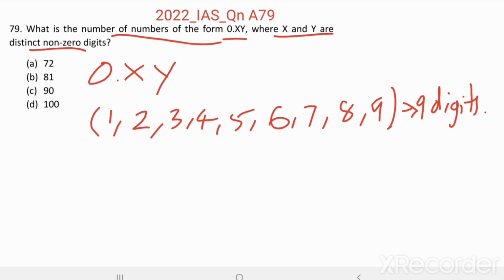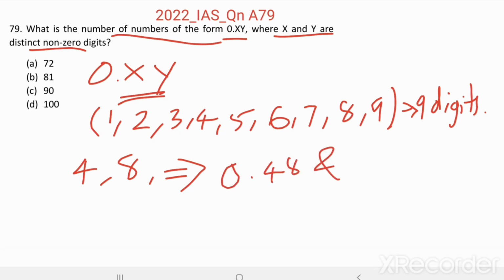So if you are taking 2 digits out of these 9 digits, suppose you took 4 and 8, then the numbers in the form 0.xy are 0.48 and 0.84.